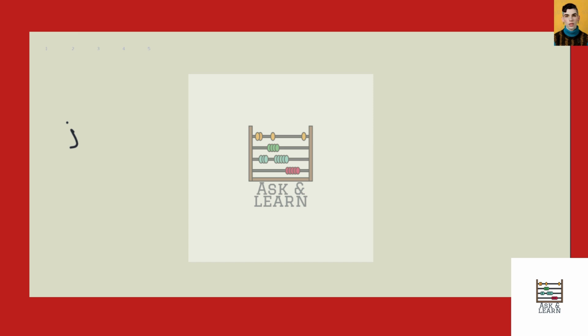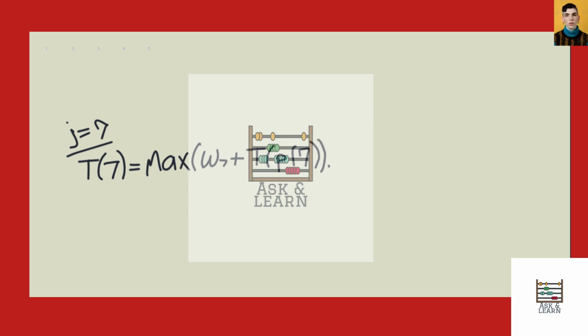Okay, then the last step of our algorithm is where j is equal to 7. So T7 will take the maximum of the number of folks in lecture 7 plus the folks in our compatible lectures, or the maximum number of folks from the previous step.